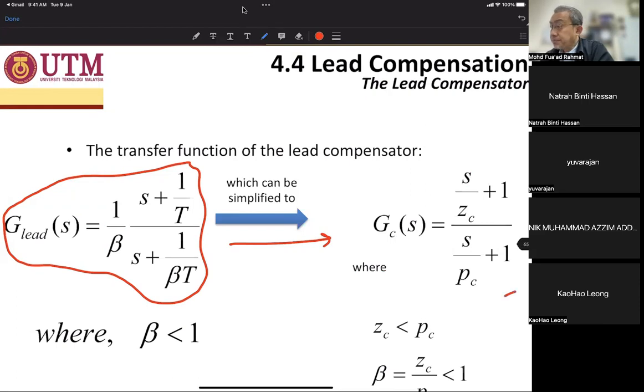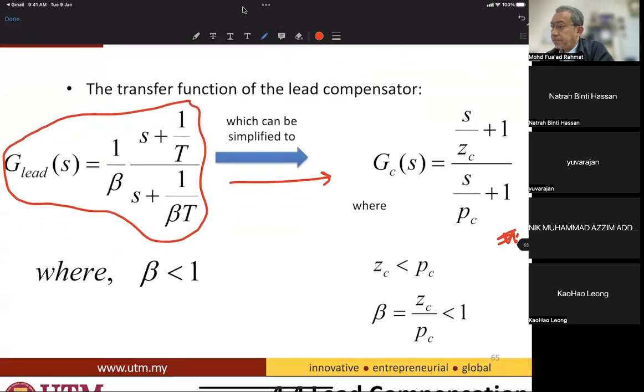Okay, so ZC is the zero of the compensator and PC is the pole of the compensator. Please remember, for lead compensator, ZC is less than PC.